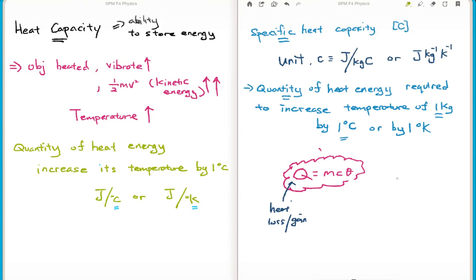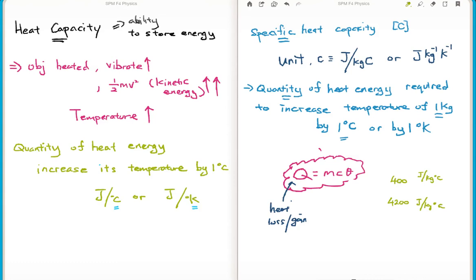Let's say you have some material that is 400 joule per kg per degree C, and something else that is 4200 joule per kg per C. Now based on these two values, how do you really understand what it means?